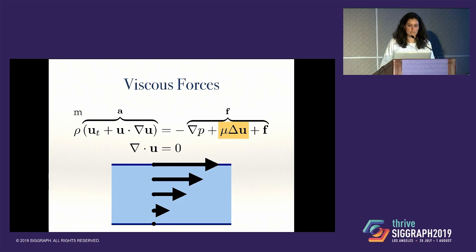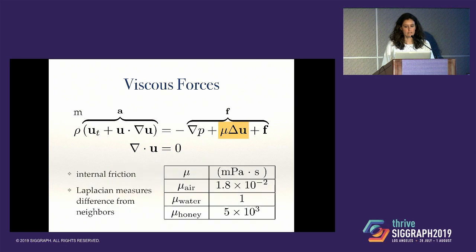So the way that it does this is through these viscous forces. Viscous forces describe the tendency of layers of fluid to try to cause neighboring layers to move at the same speed, or to try to move at the same speed as neighboring layers. And different fluids have different values for this coefficient mu.